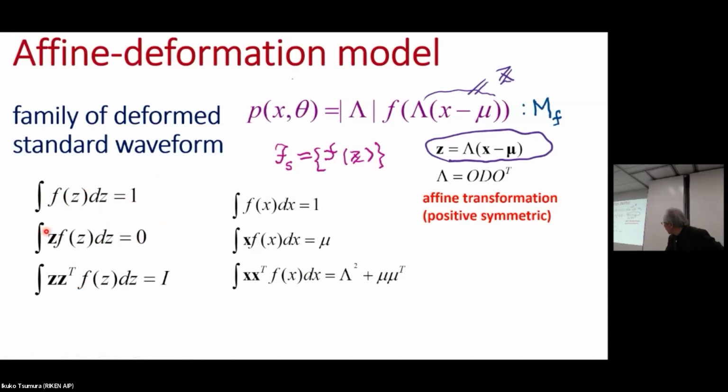So we say this is the standard shape. And given any probability distribution, we can standardize it by shifting the center and also by doing some affine transformation, including rotation. Okay? So then a probability distribution can be decomposed into the shape part and this deformation part, the affine deformation.